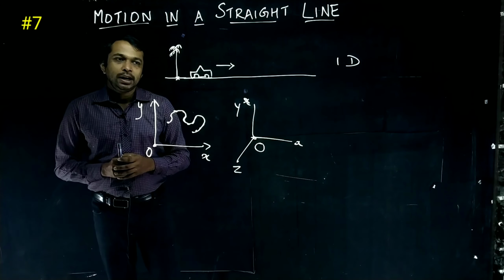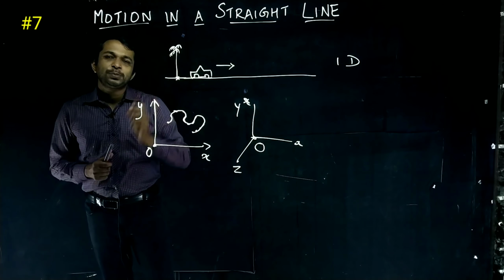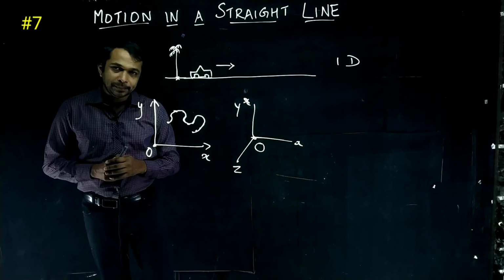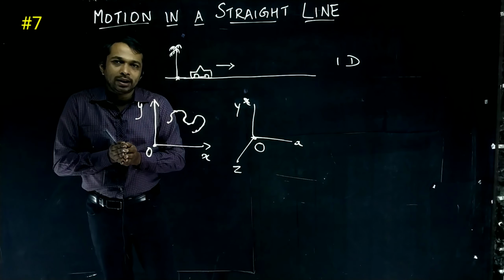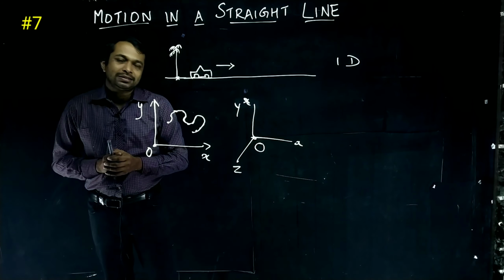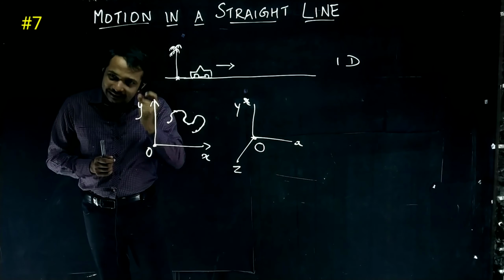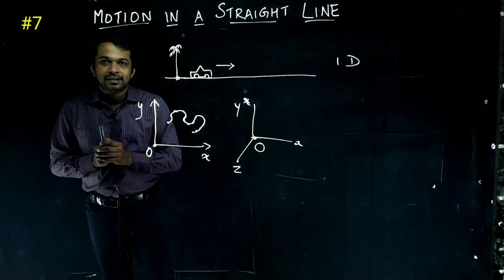And now imagine the first case. Here with respect to this tree the car is moving, right? But what is the position of the driver with respect to another passenger inside the car? With respect to that driver, that passenger is at rest, right?